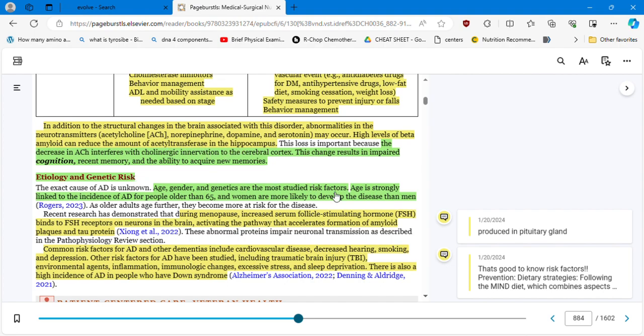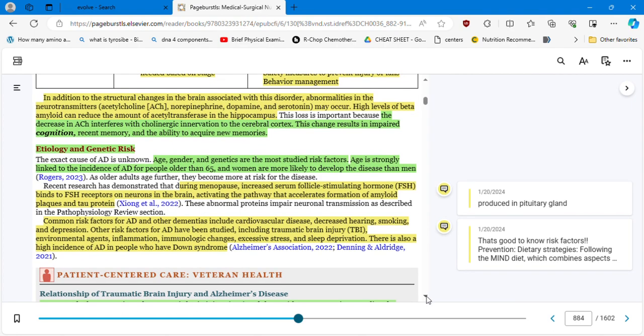Etiology and genetic risk. Age, gender, and genetics are the most studied risk factors. Age is strongly linked to the incidence of AD for people older than 65, and women are more likely to develop the disease than men. Okay, we know that.